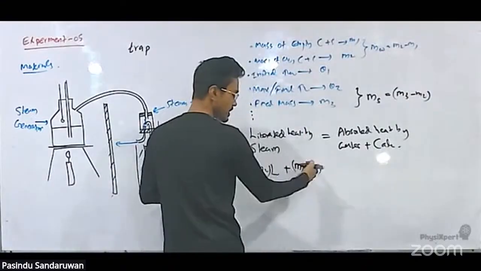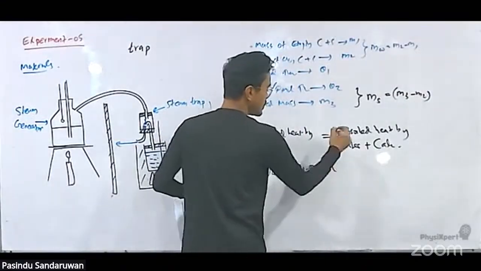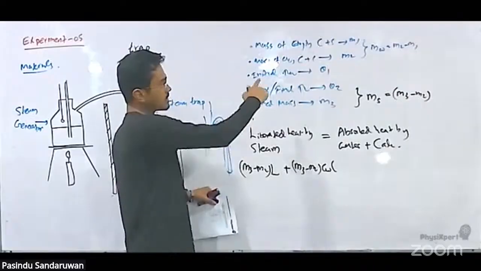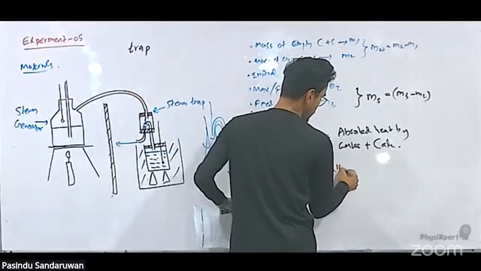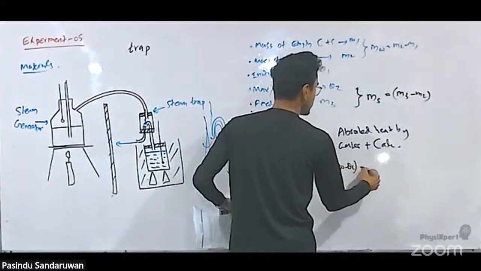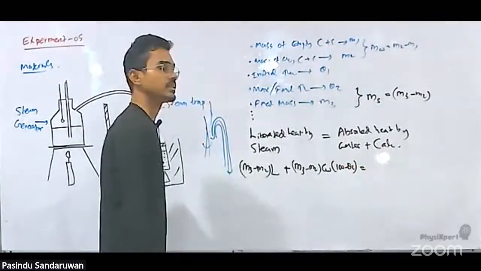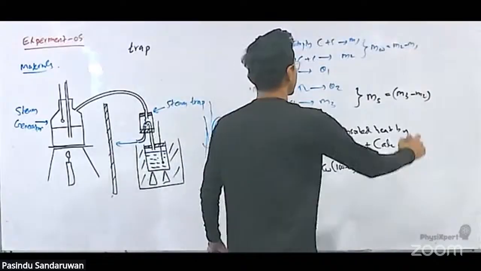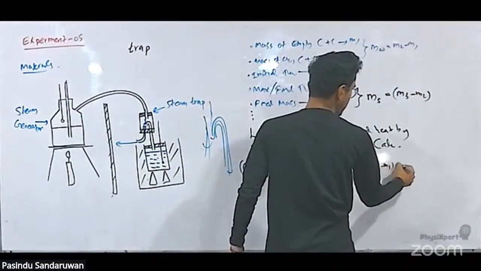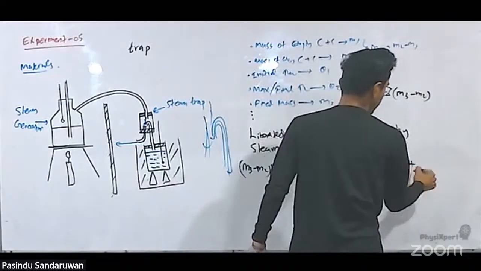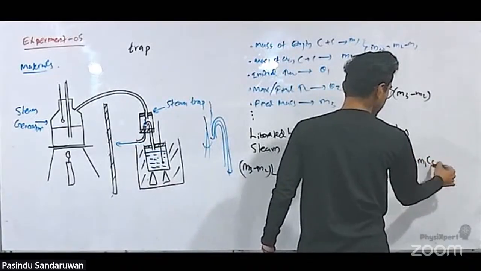(M3 minus M2) times Cw times (100 minus theta 2), from 100 to theta 2, equals the absorbed heat by water and calorimeter. The mass of water is M2 minus M1, so (M2 minus M1) Cw, plus the calorimeter, M1 Cs.